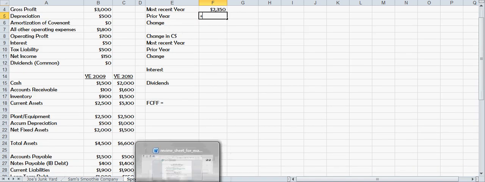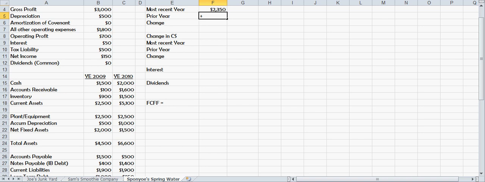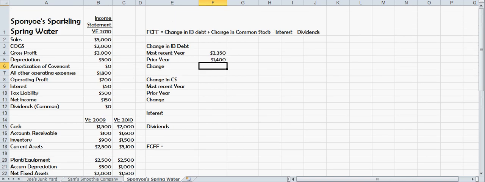Notes payable of $400 plus our long-term debt of $1,000 for a total of $1,400. Our change is simply equal to our most recent year minus our prior year, or $950.